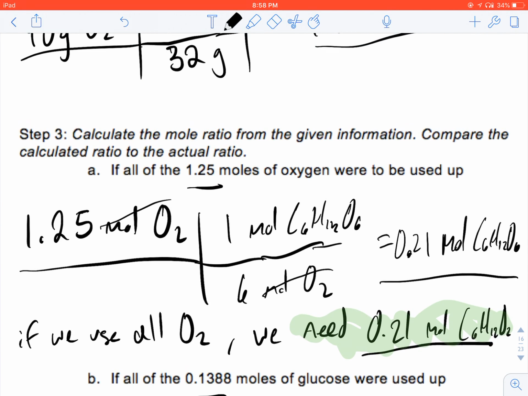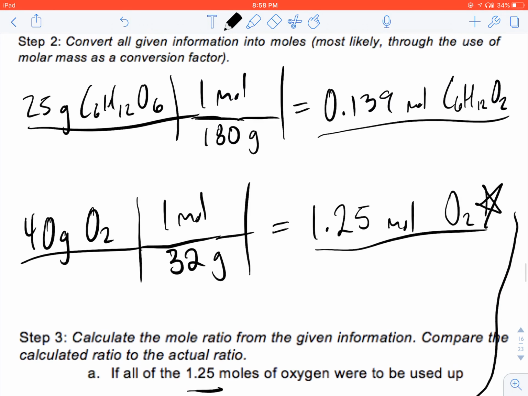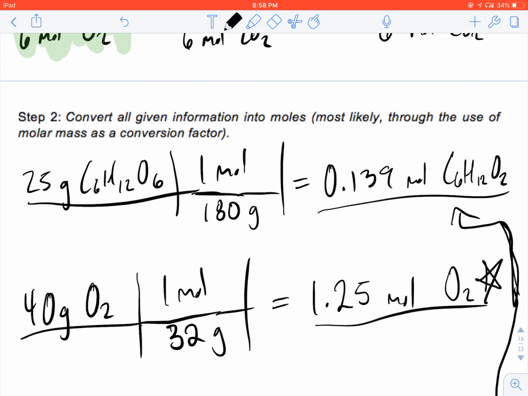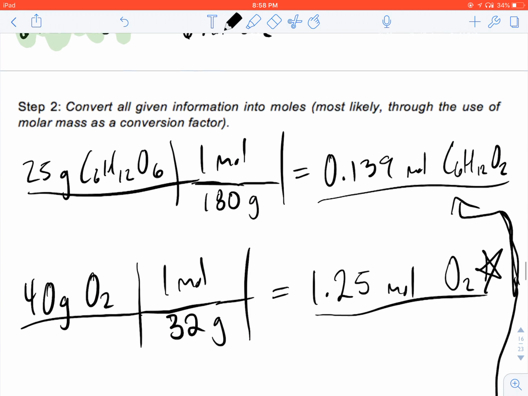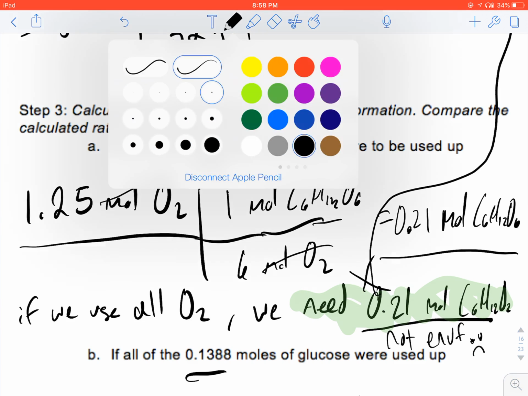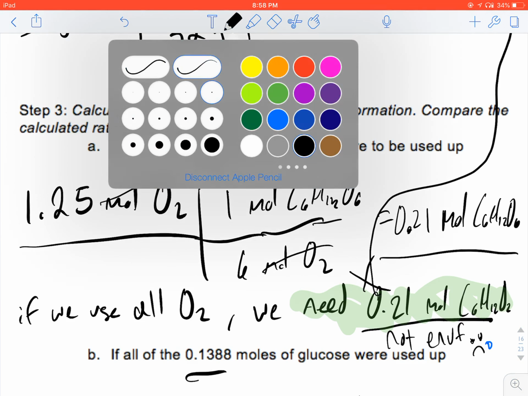How many moles of glucose do we have? That is all the way back up here. We only have 0.139 moles of glucose. So, do we have enough? No, we do not. Not enough. It's sad. Let's put a little tear there too, just so we know it's the real deal.